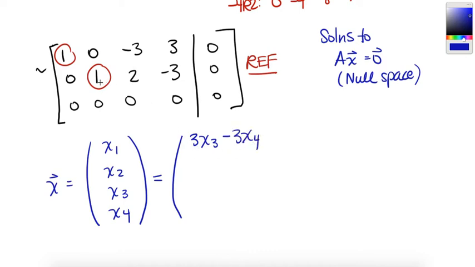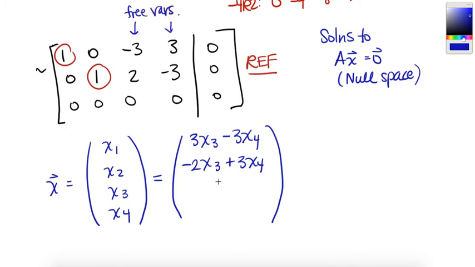Down here we get x2, we move those over to the other side, so it becomes negative 2x3, and the negative 3 becomes positive 3x4, okay? And then x3 and x4 have no pivots, so those columns correspond to free variables.